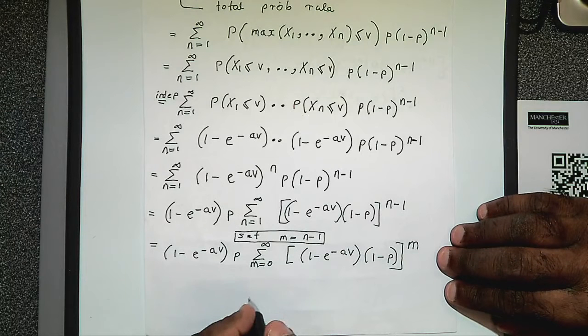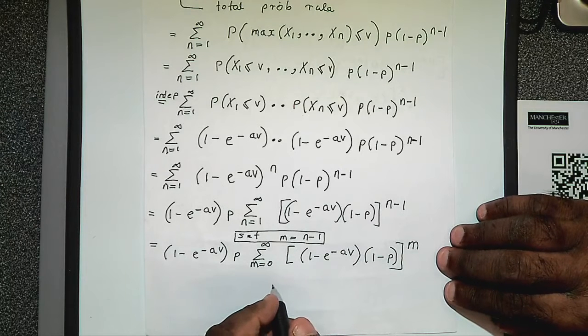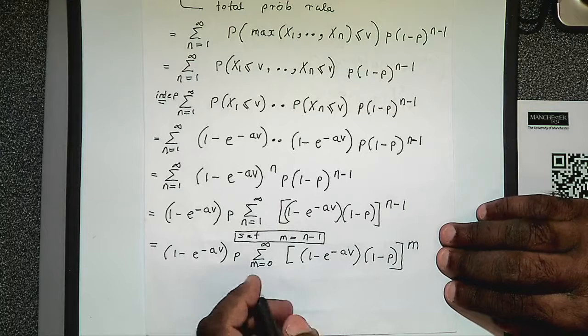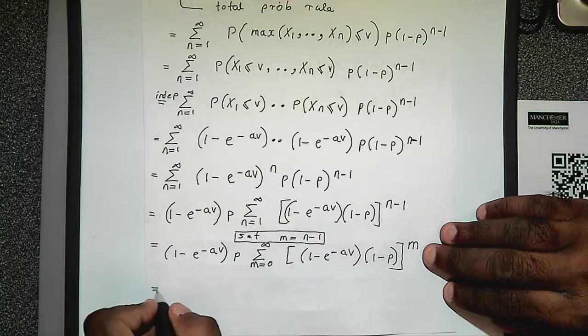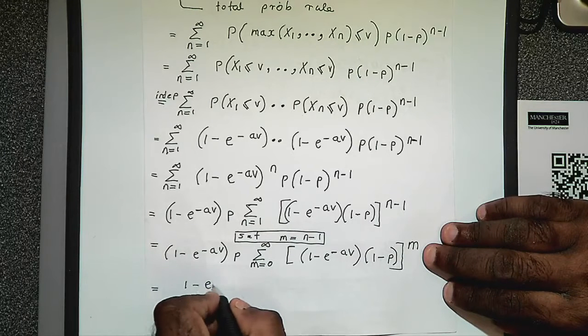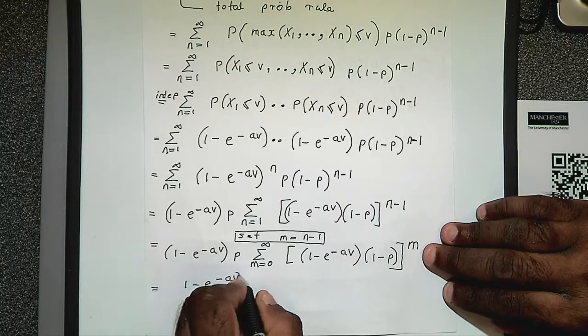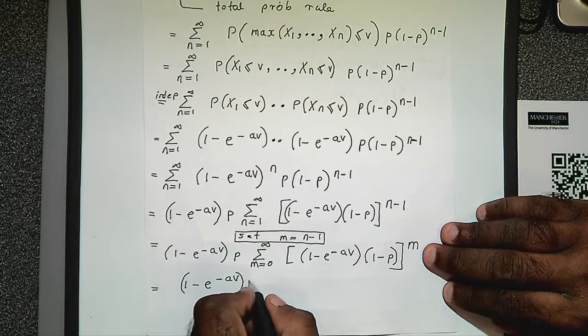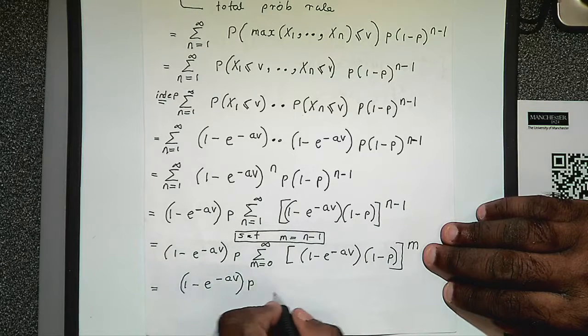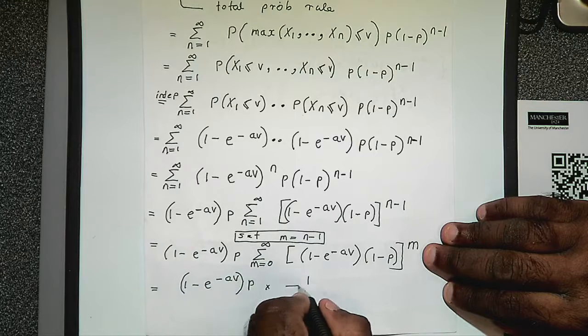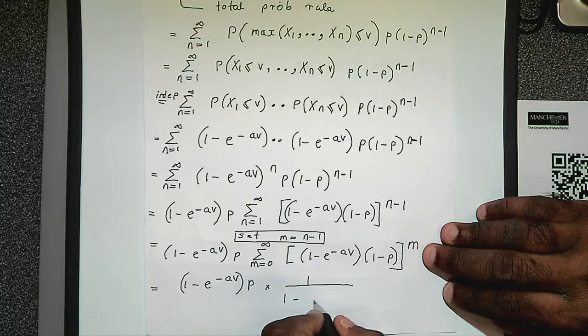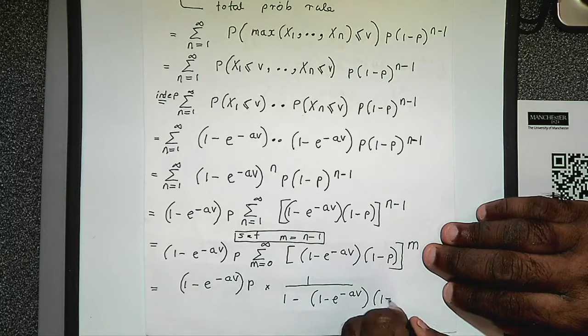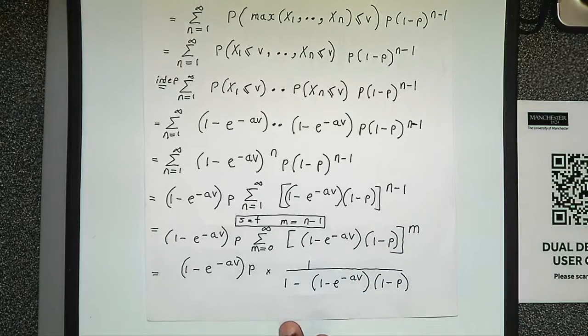Now in the next step, I'm going to use the summation formula that I gave you earlier. So this guy will become 1 minus times 1 minus 1 over 1 minus this is what you get.